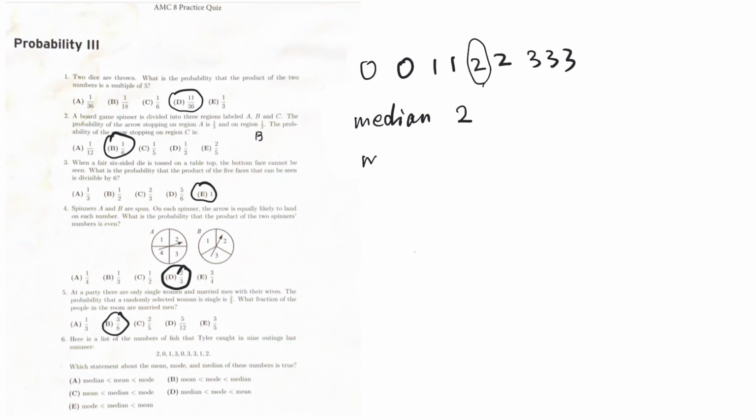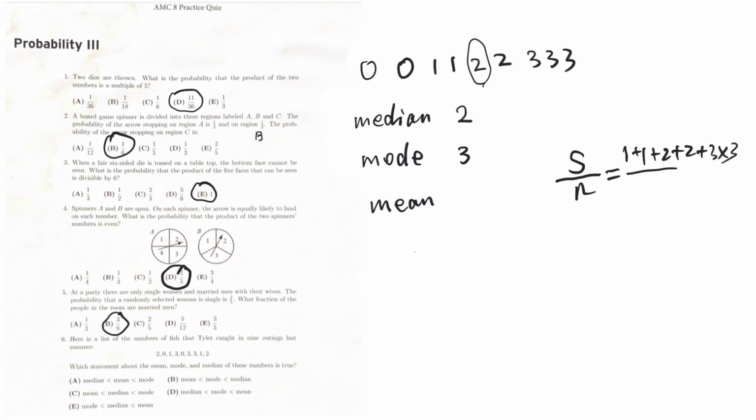And the mode is easy to tell. Mode is the most frequently appearing number. That's 3. And also the mean. Mean means the average. We know the mean equals the sum of the numbers divided by the number of numbers. The sum is 1 plus 1 plus 2 plus 2 plus 3 times 3, over 9 numbers.